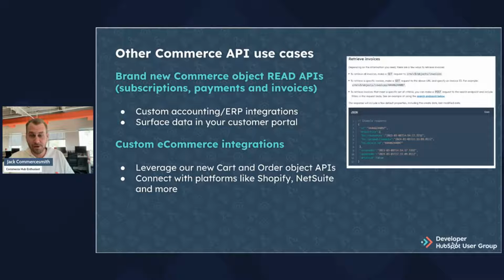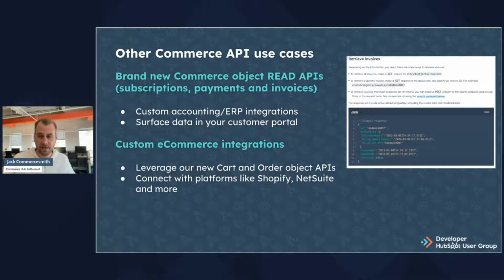Now, if you wanted to simply create a list of your active subscribers, because subscriptions are a CRM object, you could do so incredibly easily, and also do things like surface more payment links in there, maybe use some smart content. I think this group knows some of the possibilities that you all have at your fingertips when all of your data is consolidated in really one place. Now, maybe you wanted to surface things like invoice data, for example, in that customer portal. You can now do so simply using those APIs.